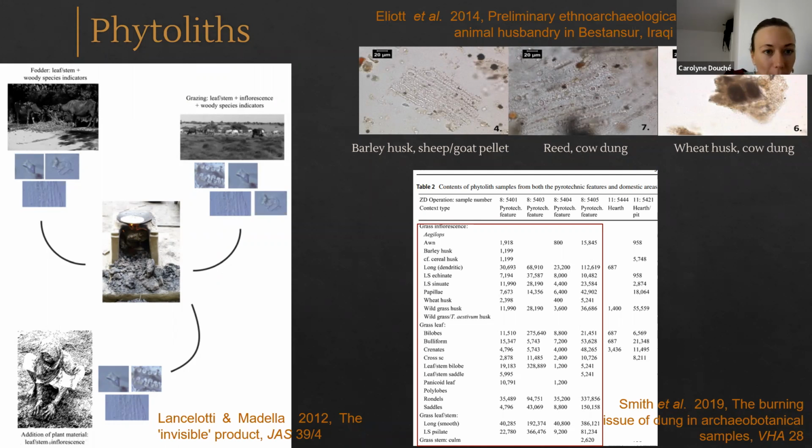If you have a look at the left picture, you'll see that animals can be fed by fodder, which means that they are fed with plants controlled by the farmers, or by grazing. So you can see on the right, meaning that the plants originate from the wild or a less controlled or uncontrolled environment.